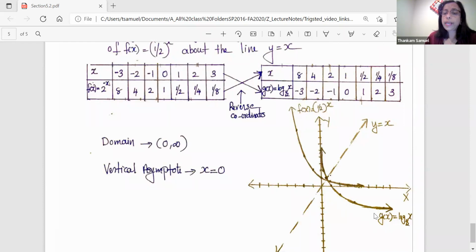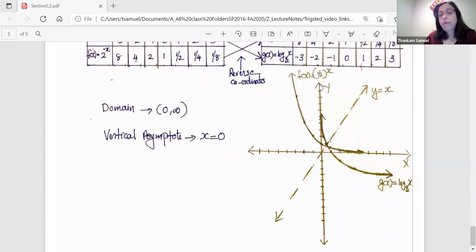So when you look at this graph, you can see this graph is getting closer and closer to the y-axis, and we can say that the y-axis, or x equals 0, is the vertical asymptote for this logarithmic function.